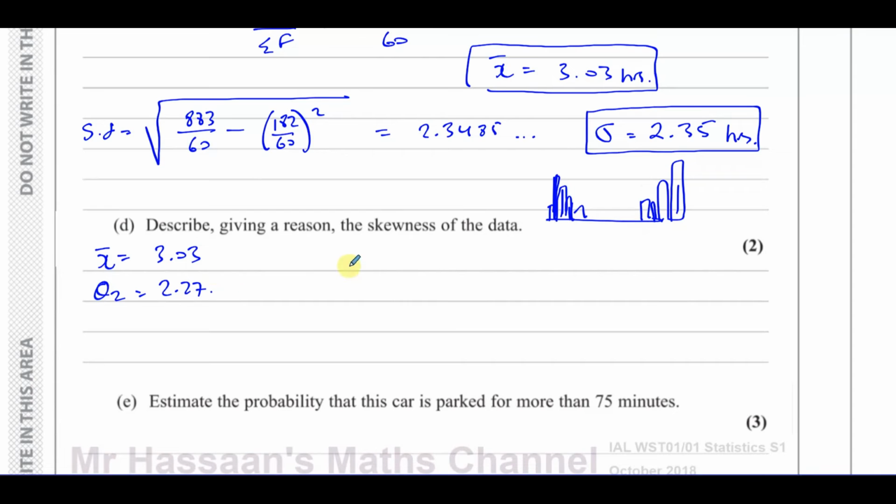In this case, we can see the median is less than the mean. You can say 2.27 is less than 3.03. So it's this kind of case where the median is actually less than the mean.